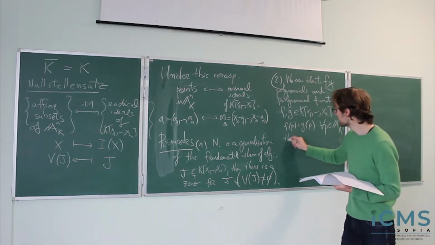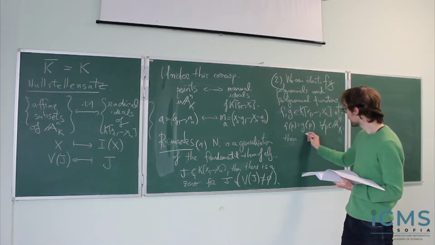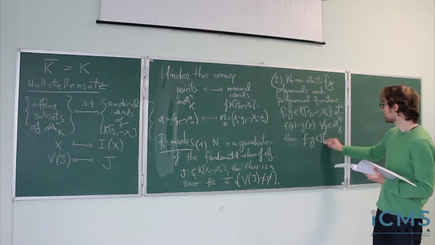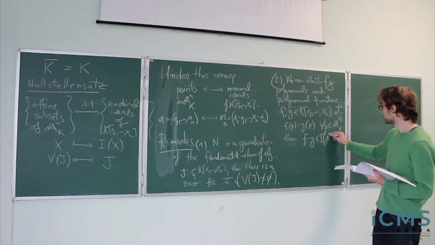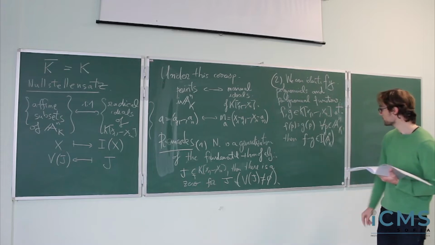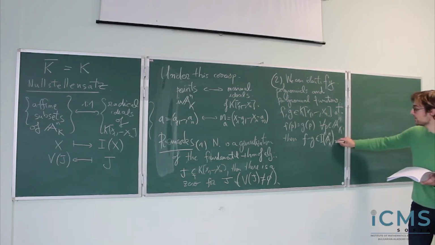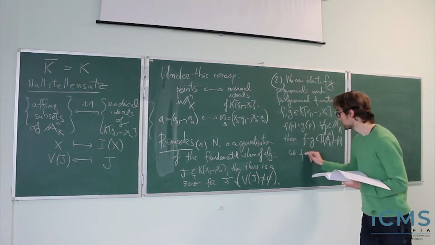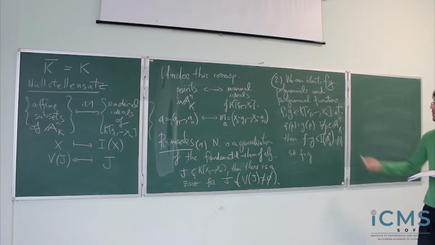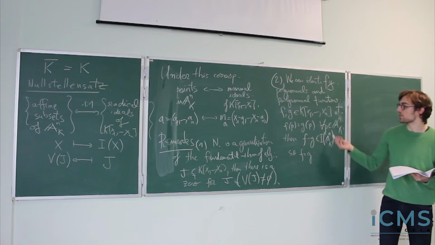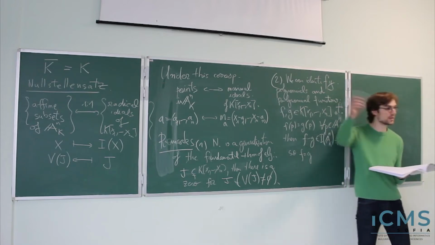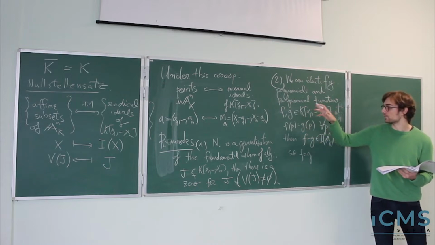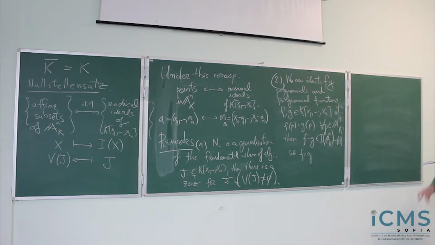This simply means that f minus g is in the ideal I(K^n), and this ideal is simply the zero ideal. So f is equal to g. Of course, polynomial functions are simply functions on the n space given by polynomial expressions.